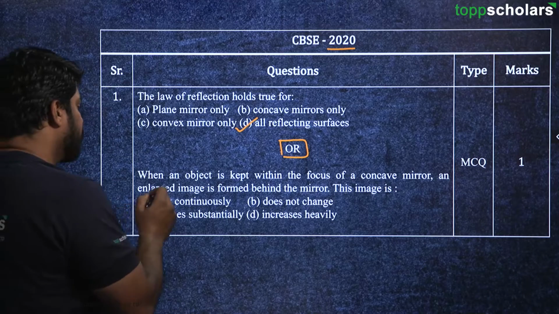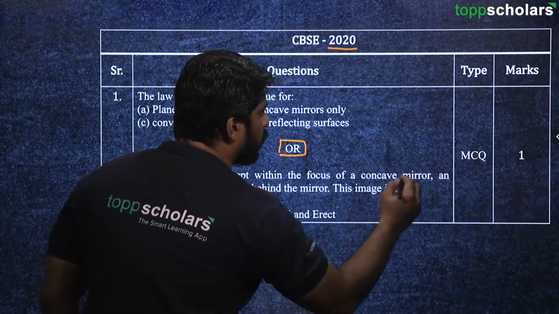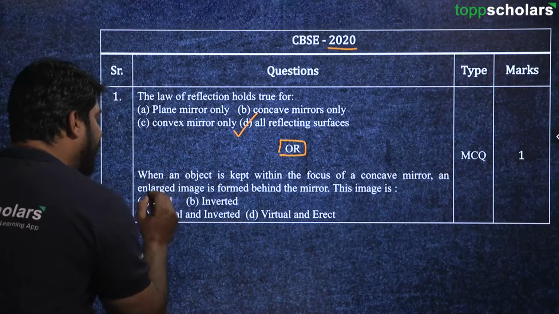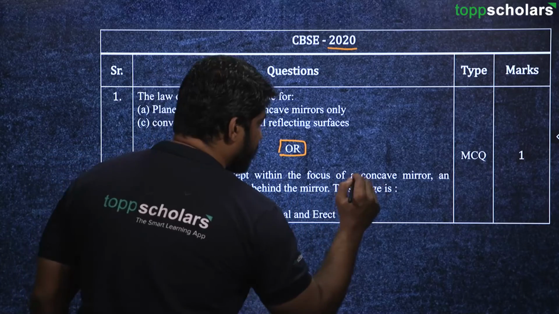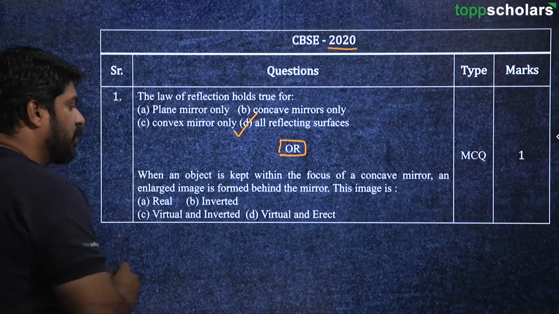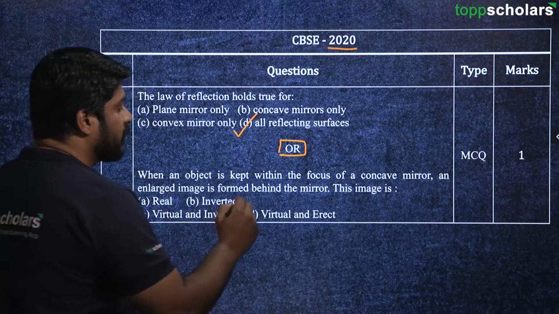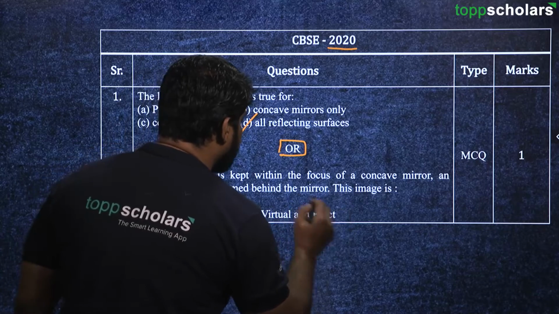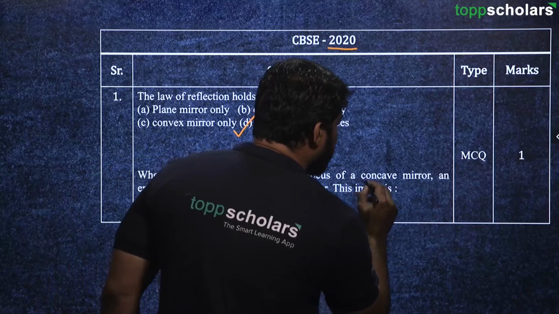Next question here is, when an object is kept within the focus of a concave mirror, an enlarged image is formed behind the mirror. This image is what? We have got 4 options: real and inverted, virtual and inverted, and virtual and erect. So over here we have got a concave mirror.